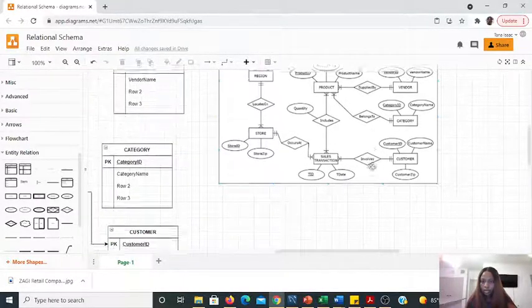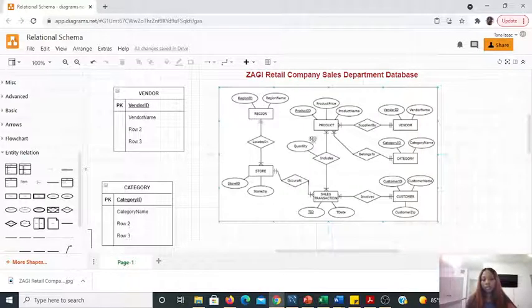Then the next one is the many-to-many relationship between product and sales transaction. Many products can be included in many sales transactions, or many sales transactions can include many products. And in a many-to-many relationship, we combine the two primary keys, which are product ID and transaction ID.